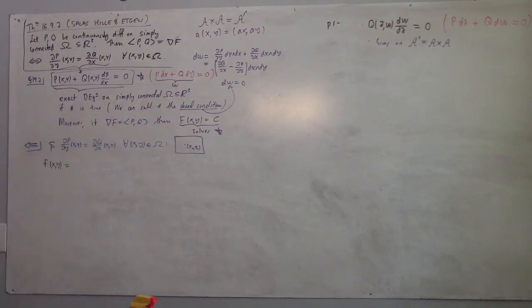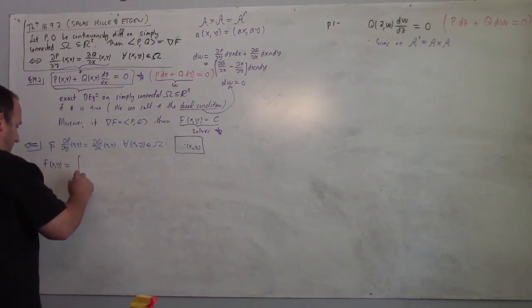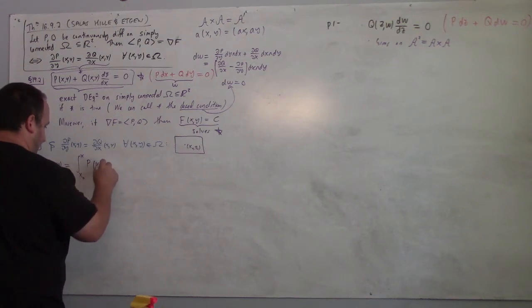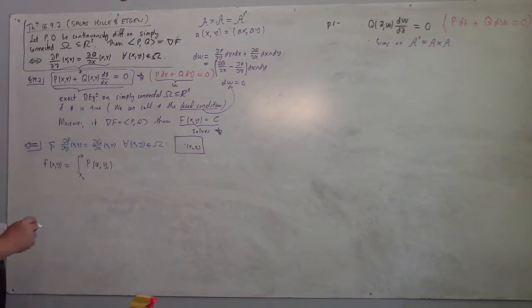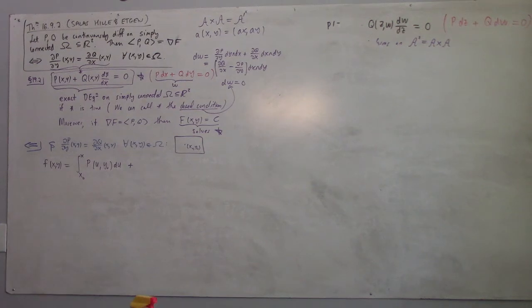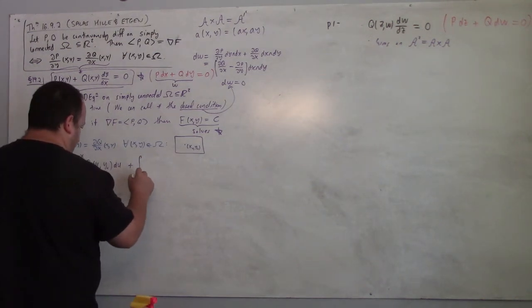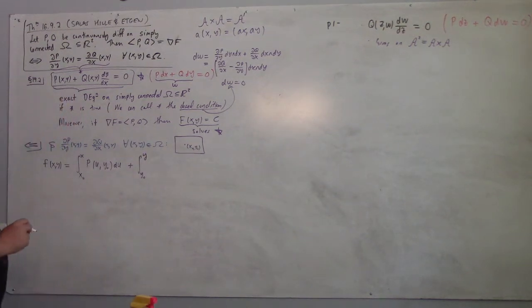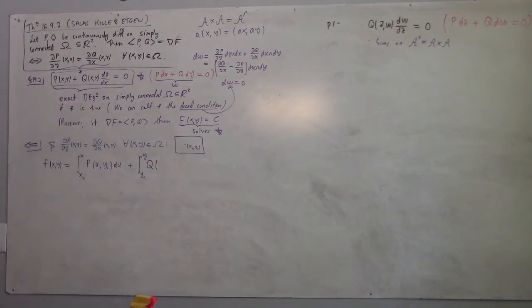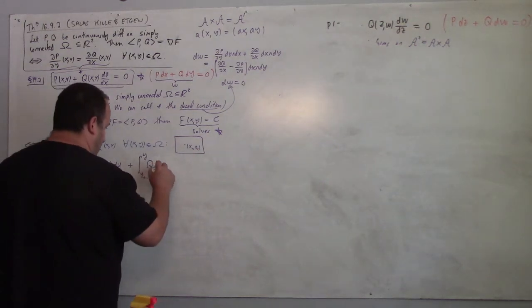So you pick that point, x naught, y naught, let's call it the origin, and you integrate from the x coordinate of the origin, x naught, to x, the p function at u comma y naught du, plus the integral from the y coordinate of the origin to y of q of x naught comma v dv.